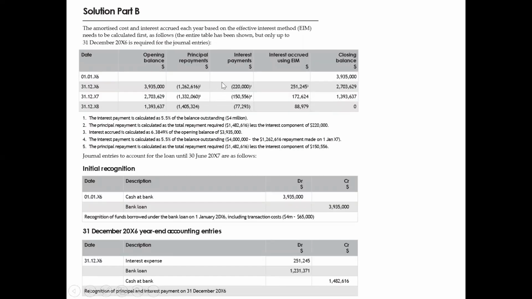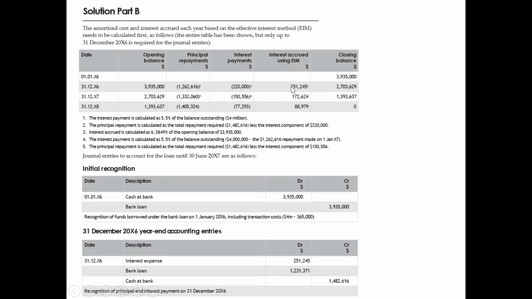So we know that both the principal and the interest payment, when we add these two components together, that's going to equal 1,482,616. Okay. But how we calculate the interest payment is that we need to use, again, the face value of the loan multiplied by the interest rate, which is 5.5%.